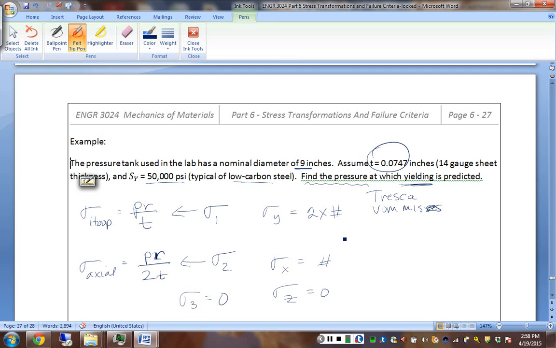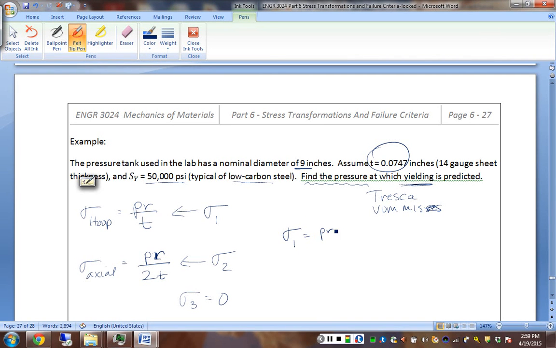We reorder these in terms of sigma 1, 2, and 3. This becomes sigma 1, this becomes sigma 2, and this becomes sigma 3. So, getting our values for our principal stresses.